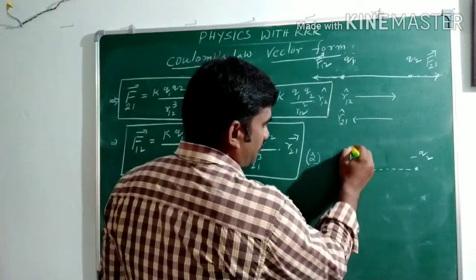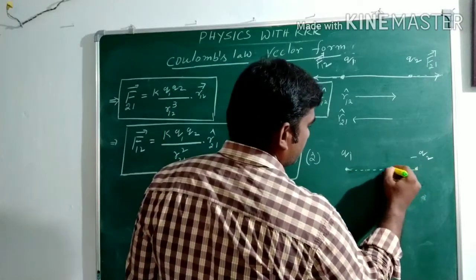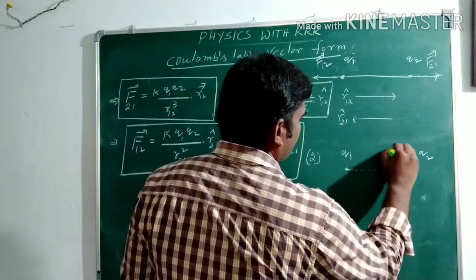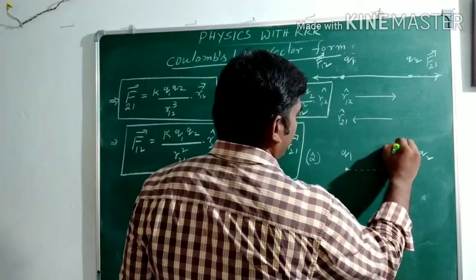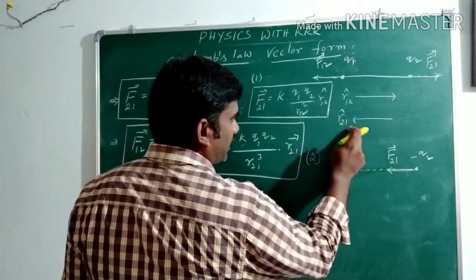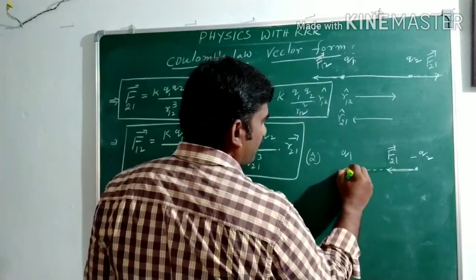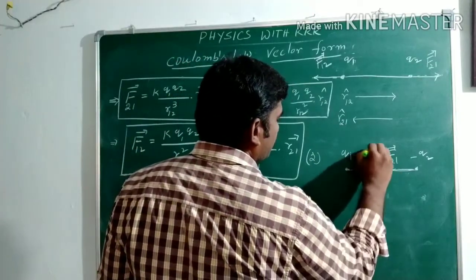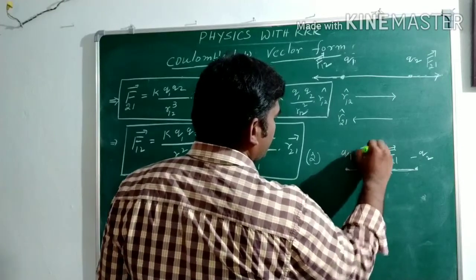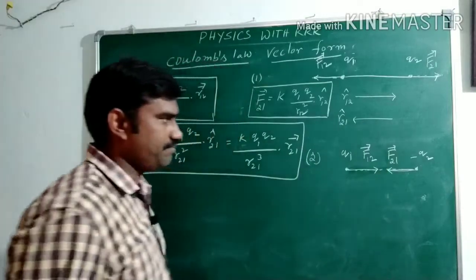This charge will attract that charge in this direction. So the force on 2 due to 1 is in this direction, so F21 is along the direction of R21 cap. The force on 1 due to 2 is acting in this direction, so this is along the direction of R12 cap.